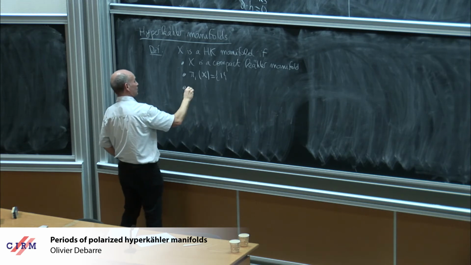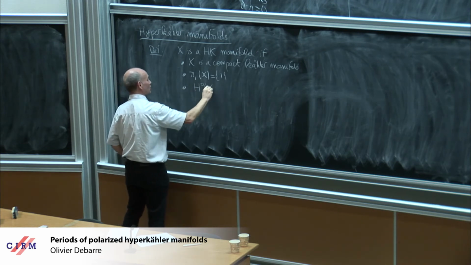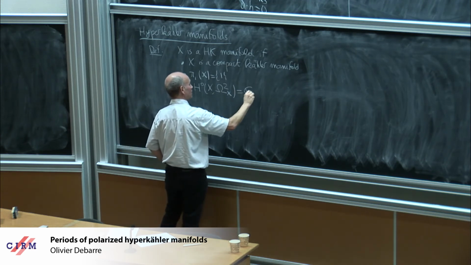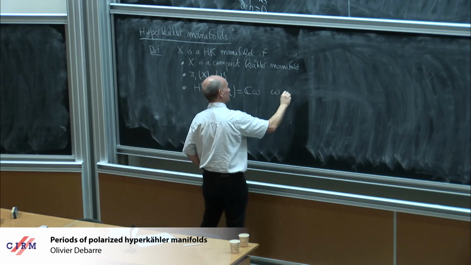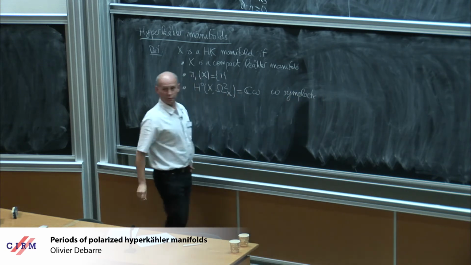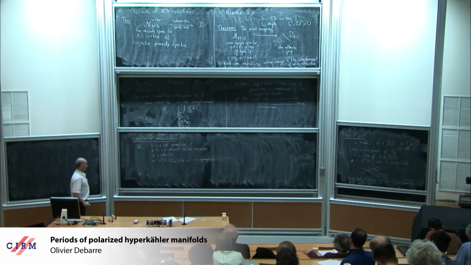And so the last condition is that the space of holomorphic two forms on X is one-dimensional and generated by a symplectic form. Meaning that it's a holomorphic two form which is non-degenerate at every point.